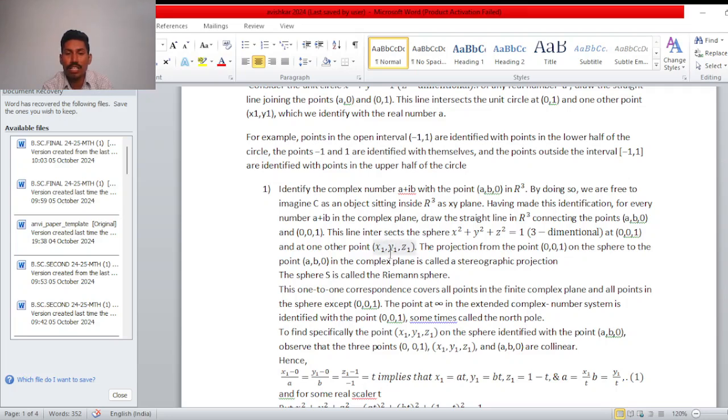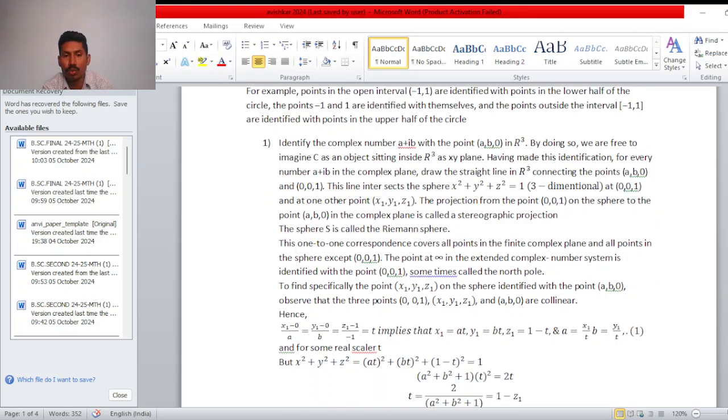That line touches the sphere at the point x1, y1, z1. So this x1, y1, z1 is the corresponding point for the plane point a, b, 0. In this way you can transform a complex plane onto the unit sphere. This is a one-to-one correspondence, covering all the points in the finite complex plane.